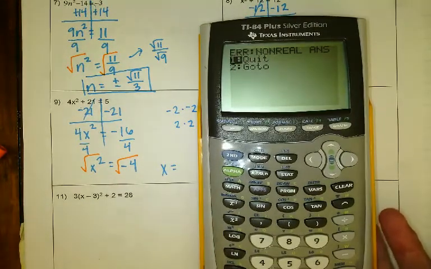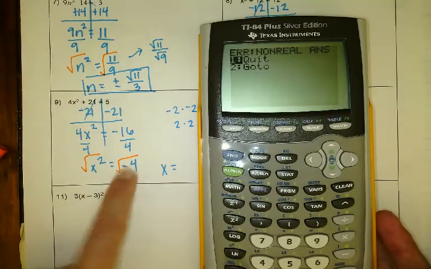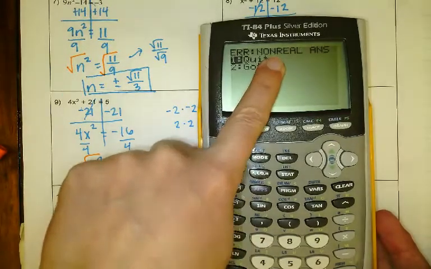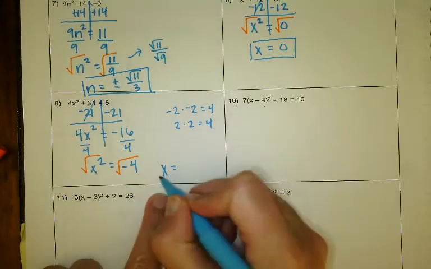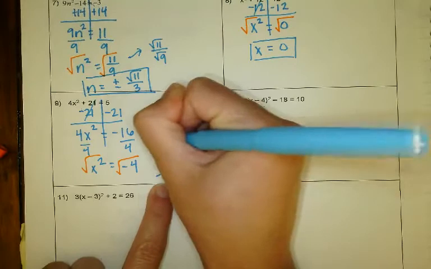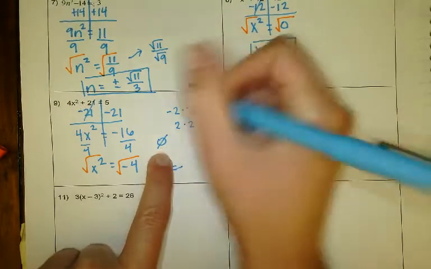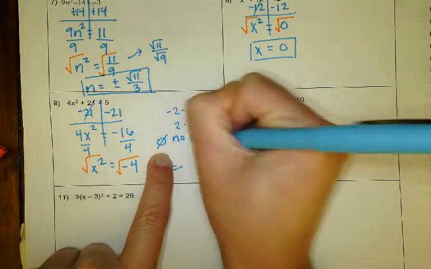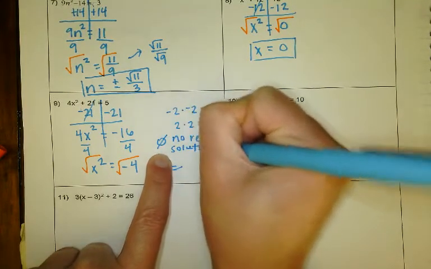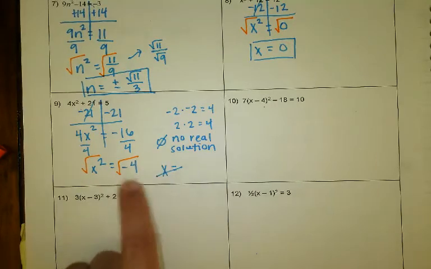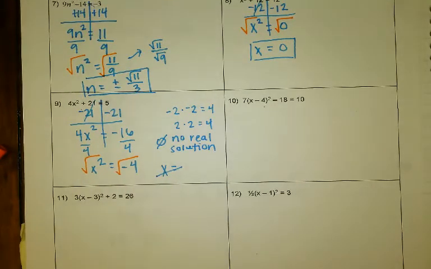I know it sounds like I'm making it up, but this actually has an imaginary answer, a non-real solution. So here, we're not going to say x equals. We can use the no solution symbol, or we could say no real solution. And this will happen anytime we try to take the square root of a negative.